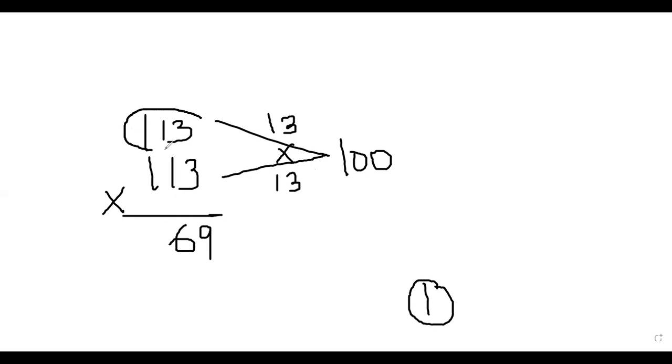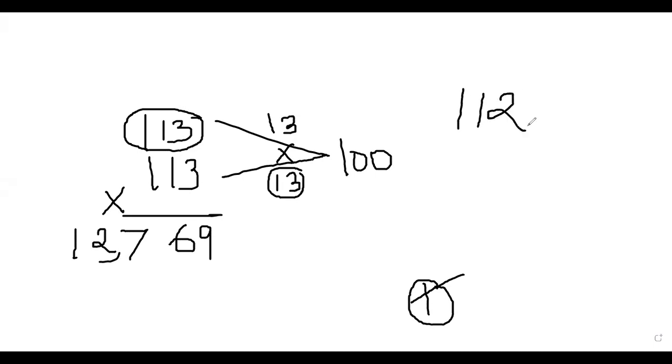Now we add 113 plus this 13. So it will be 126. And if we add that remainder, it will be 127, right? So it will be 12,769. That is the answer, right? Can anyone say this one?